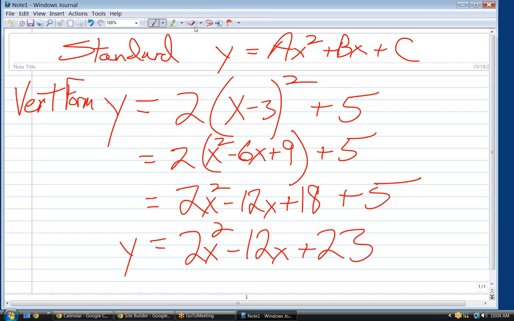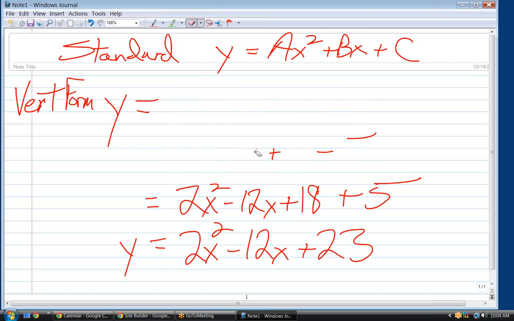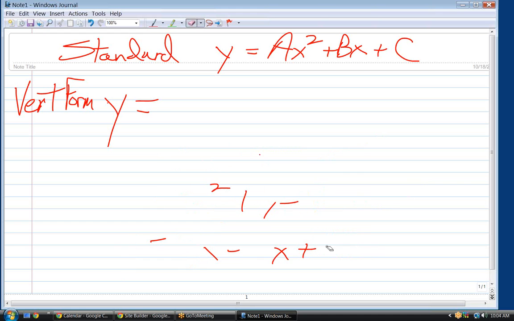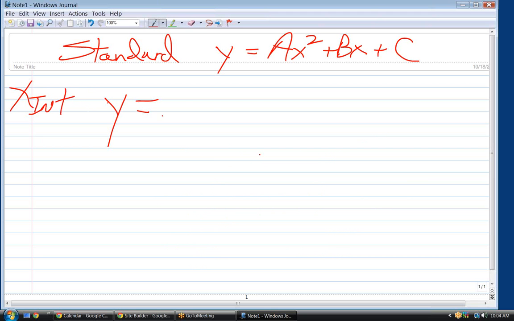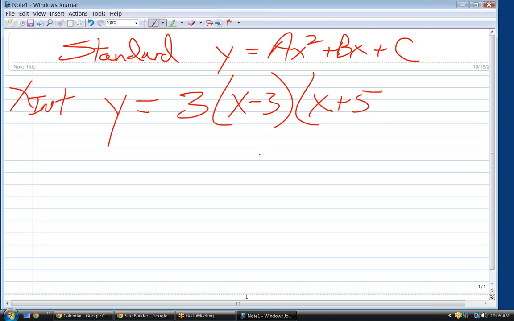Alright. Now, let's take one that is in intercept, or x-intercept format, excuse me. Suppose we have 3, do you have one, or you want me to just make one up? Just make one up. Yeah, I don't see what difference it would make. There is intercept format, right? Yeah. Okay.